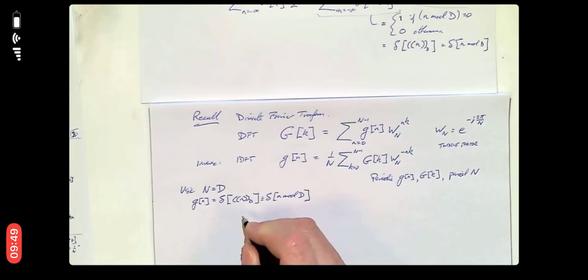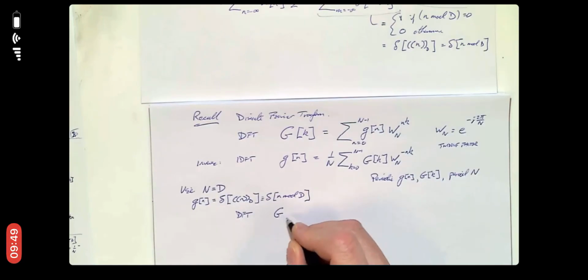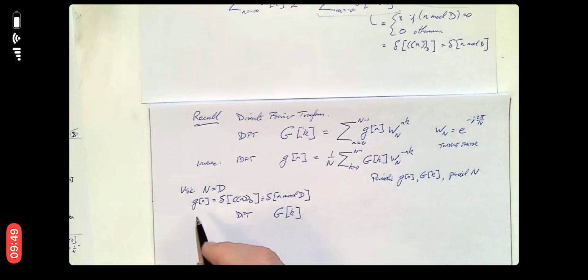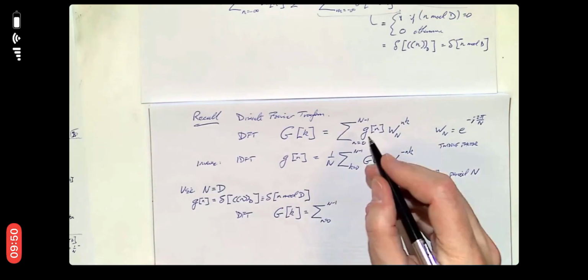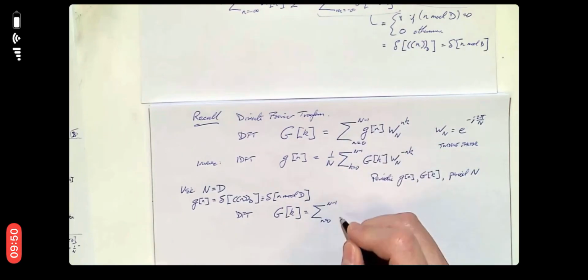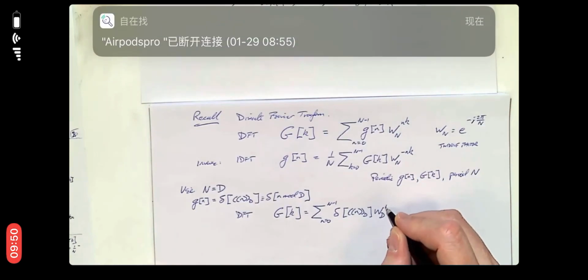So let's try calculating the DFT of that. Our big G of k, using this substitution, is the sum from n equals 0 to N minus 1, which is just the definition of the discrete Fourier transform, of delta of n mod D, W_D to the nk.